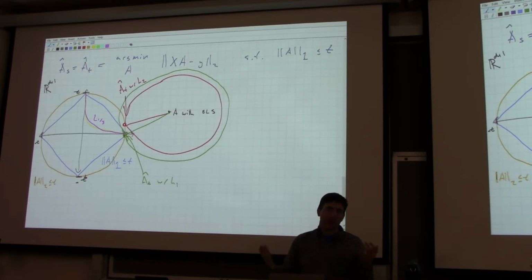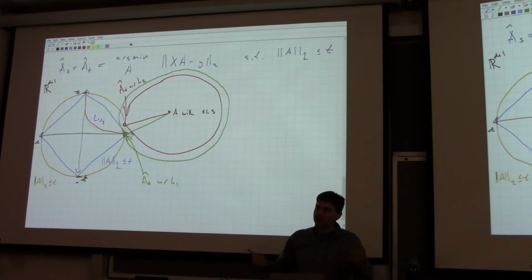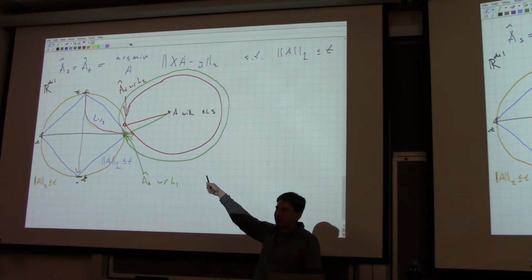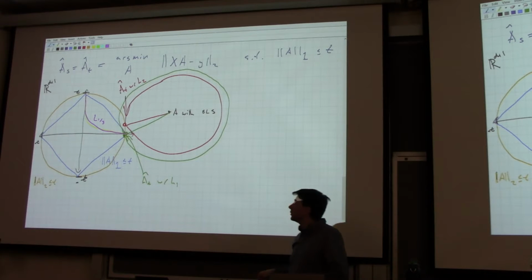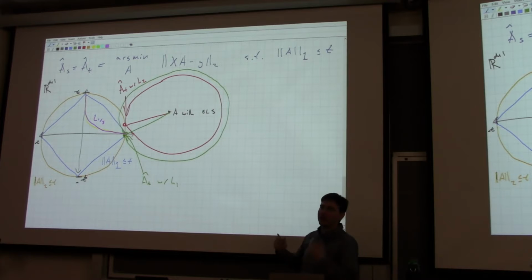There's code out there that does it for you, and it does it exactly. For the other shape, it's going to be a hard optimization problem. There are lots of local minima. It's hard to solve this. So the L1 serves as the best convex proxy for the L0 constraint. L0 just counts the number of non-zeros, so it penalizes the count of the number of things that are non-zero. The L1 is kind of a convex version of that.